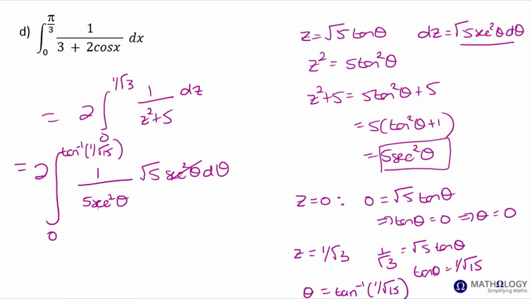Sec squared theta will cancel, and we're left with 2. We can actually take out all of these constants, root 5 over 5. So we'll have 2 root 5 over 5 times the integral from 0 to tan to the minus 1 of 1 over root 15. And then all we have left is 1 d theta.